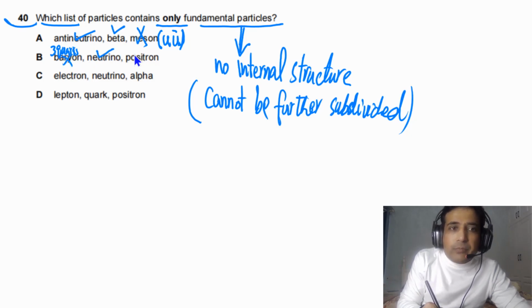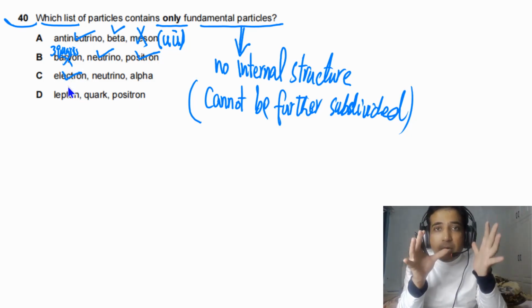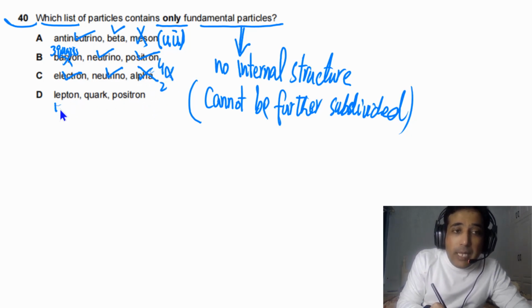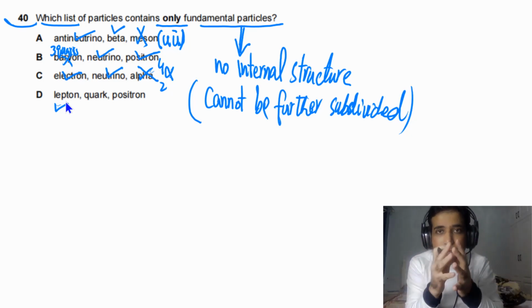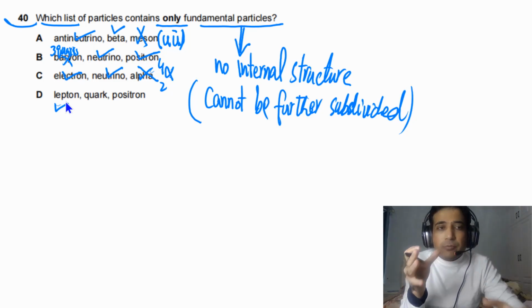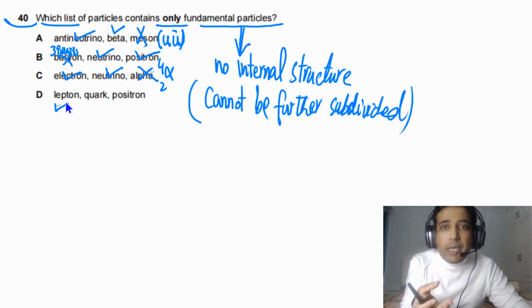Neutrino, fundamental particle. Positron, fundamental particle. Electron, fundamental particle. All leptons are fundamental particles. But alpha is not a fundamental particle because it consists of 2 protons and 2 neutrons. In the lepton family we have electron, muon, tau, and their neutrinos and antineutrinos.